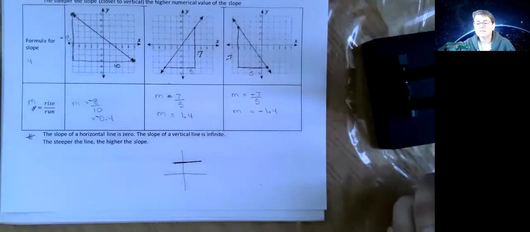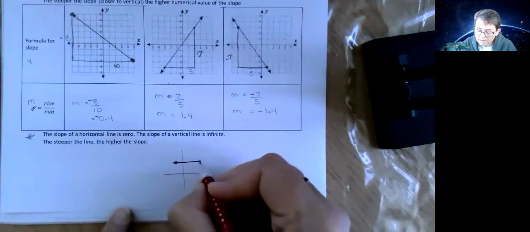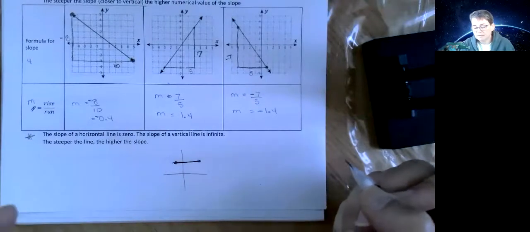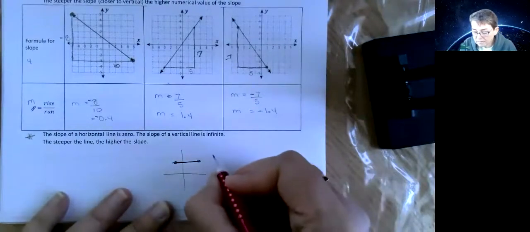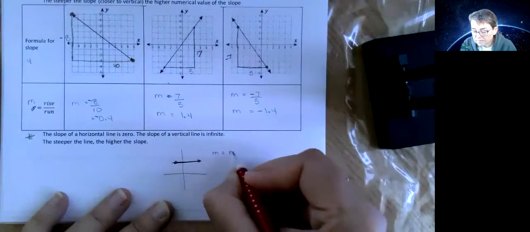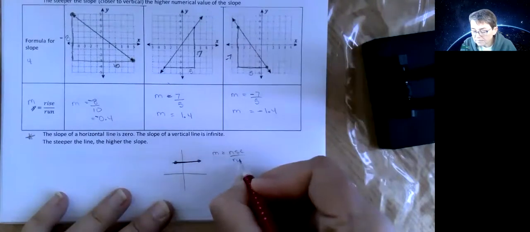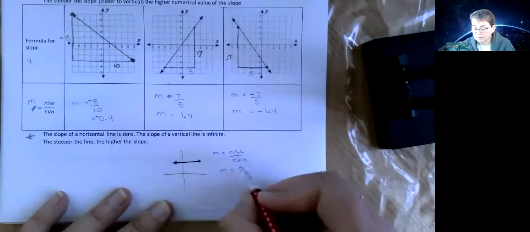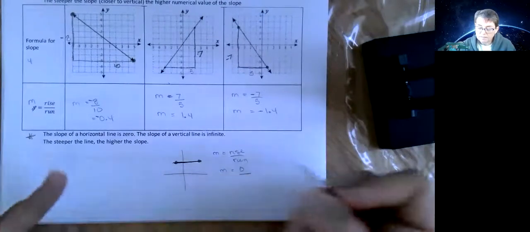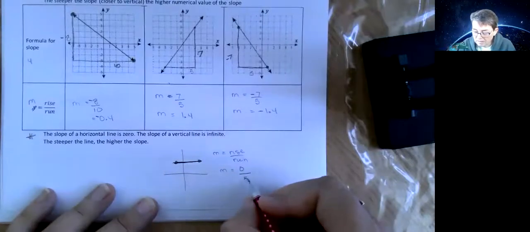Well, first of all, you can't draw a triangle, right? There's no way that I can connect this point and this point to make a triangle. So how much rise? Well, how much did it go up? It went up 0 over, it doesn't really matter what that run is. Let's just call it 5.